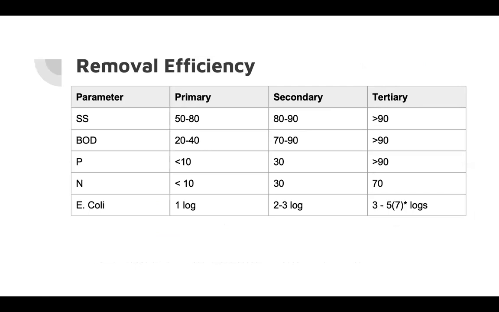Tertiary is considered the best as it removes over 90%. It has a 90% removal efficiency for most of the contaminants, except for nitrogen, which is 70%. Primary is bad at removal of phosphorus and nitrogen.